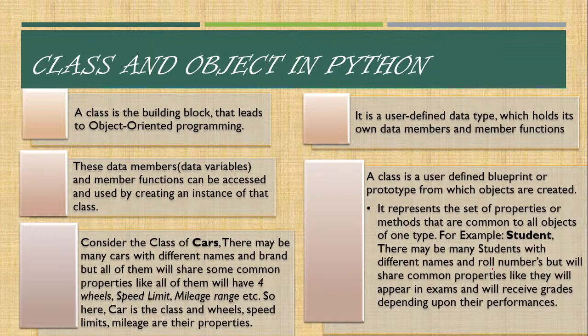All these will be the properties of a car, and we can see that a car object is totally different from a student object. A student object is somewhat different from a faculty or instructor object, because instructors will not have any roll number and they would be getting some salary, but the students won't be getting any such thing.